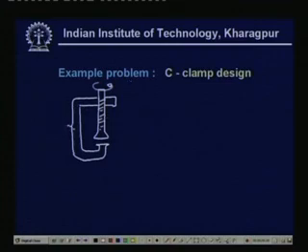Now, it is held fixed to the ground, that is, it is held by some device, and the purpose of the C clamp is to give a pressure, a compressive force on this surface. Now, we have to look into details of these portions of the C clamp.